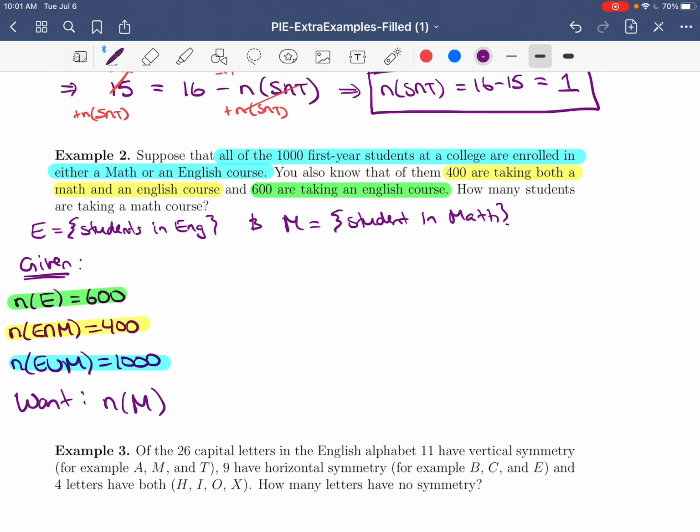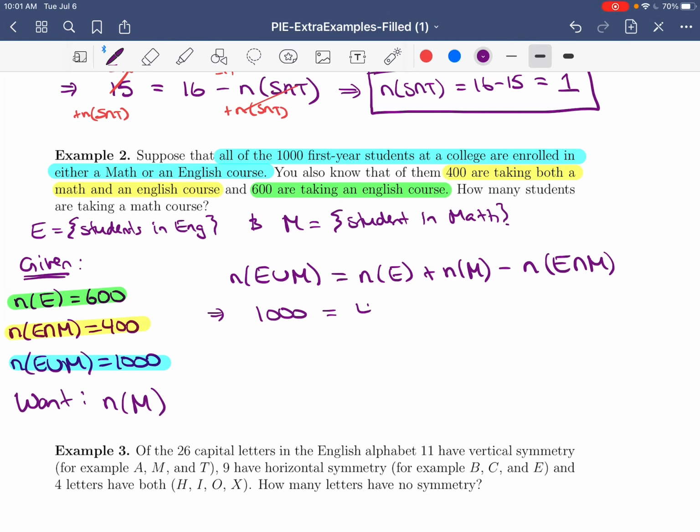So we can use the principle of inclusion-exclusion. We know the number in E union M is the number in E plus the number in M minus the number in E intersect M. And now if I put all these numbers in, 1,000 should equal, oops, not 400, 600 plus the number in M minus 400.